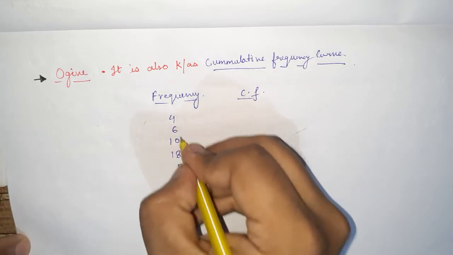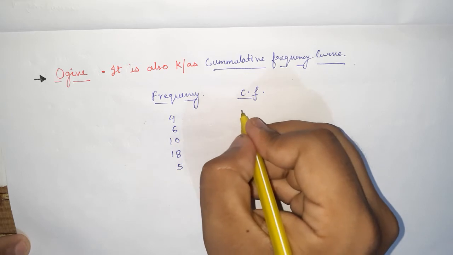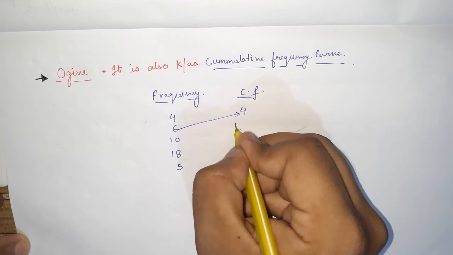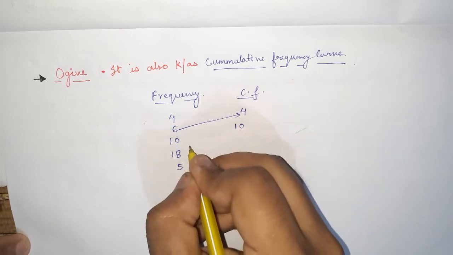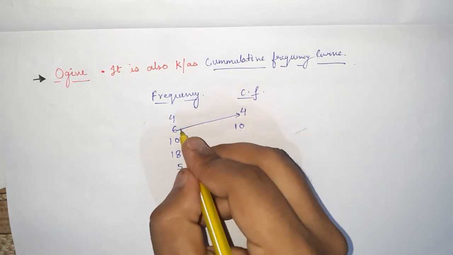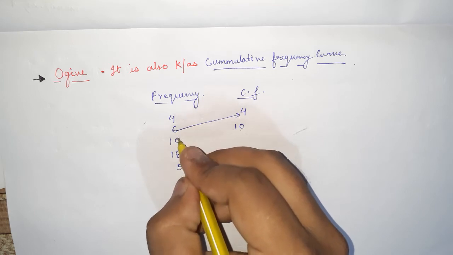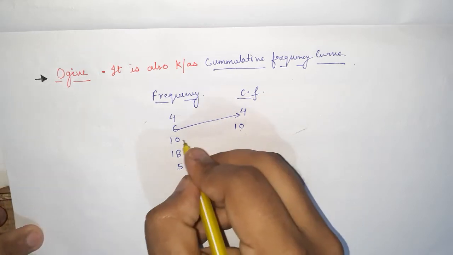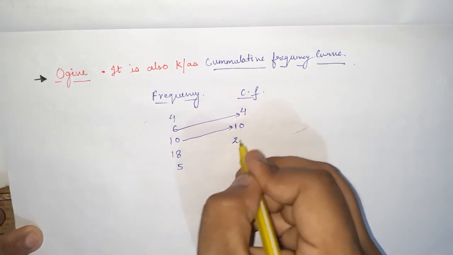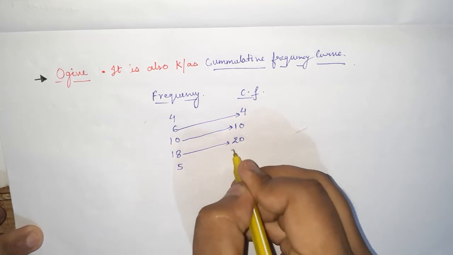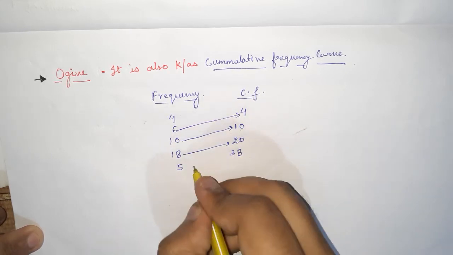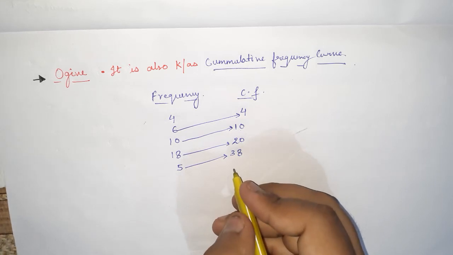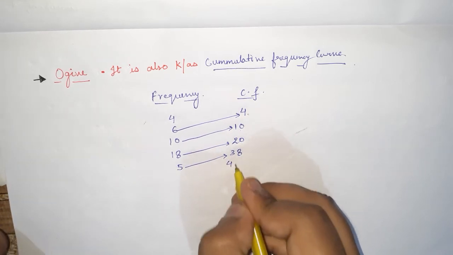So frequency is 4, 6, 10, 18, 5. Now what we'll do, first we will write the same 4, then 6 and 4, the total will be 10. Then after that, as you can see, on every next step we will keep adding up every frequency. Okay, 10 and 10, 20, 20 and 18, 38, like that, and 38 and 5, we'll total it up. 38 and 5 will be 43.